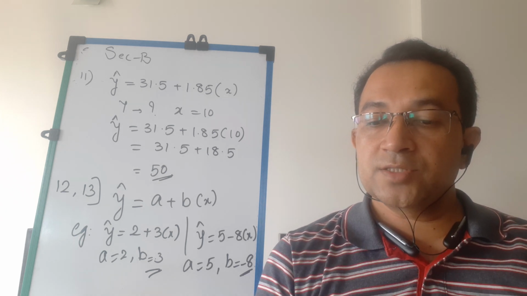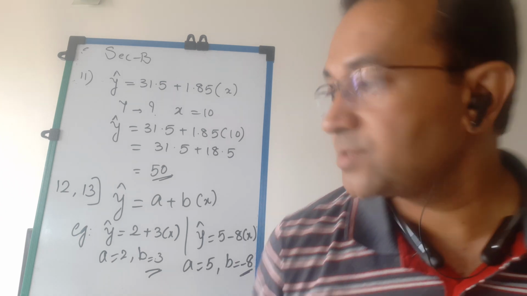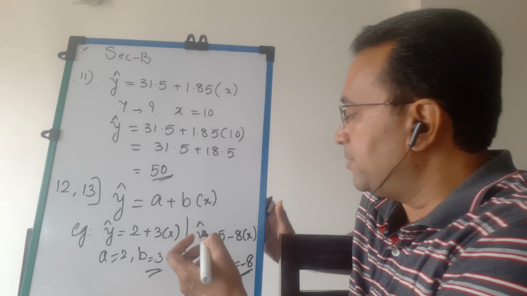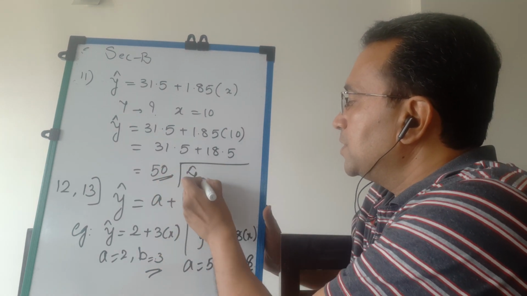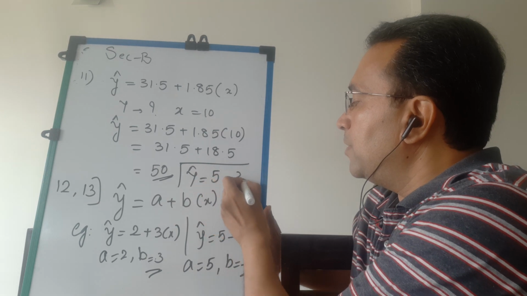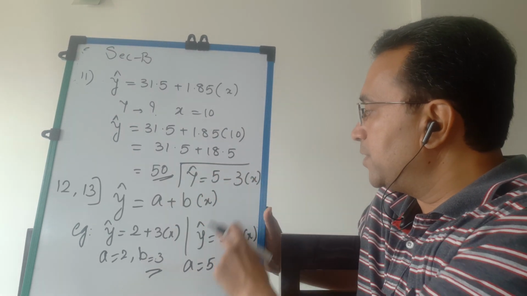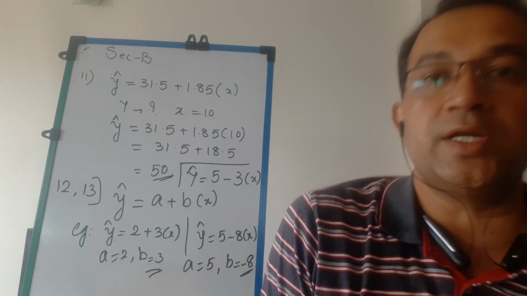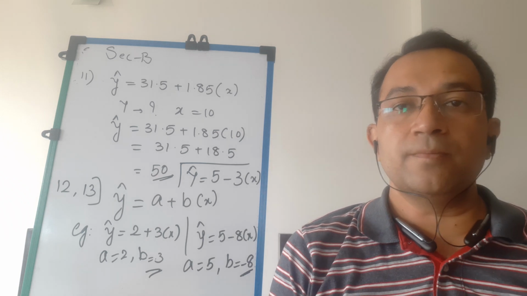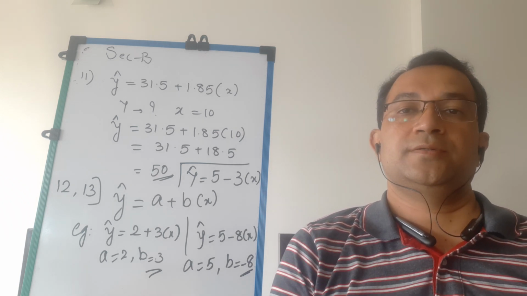Now in VSQ 13, what is given, I am writing here, y cap is equal to 5 minus 3x. So a will be 5 and b is minus 3. If b is negative, just now I told you, the value of correlation coefficient r will be minus 1.